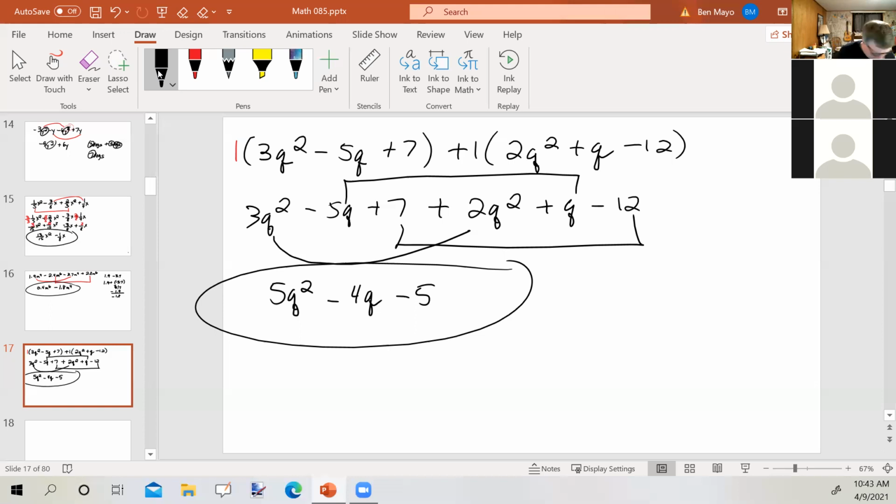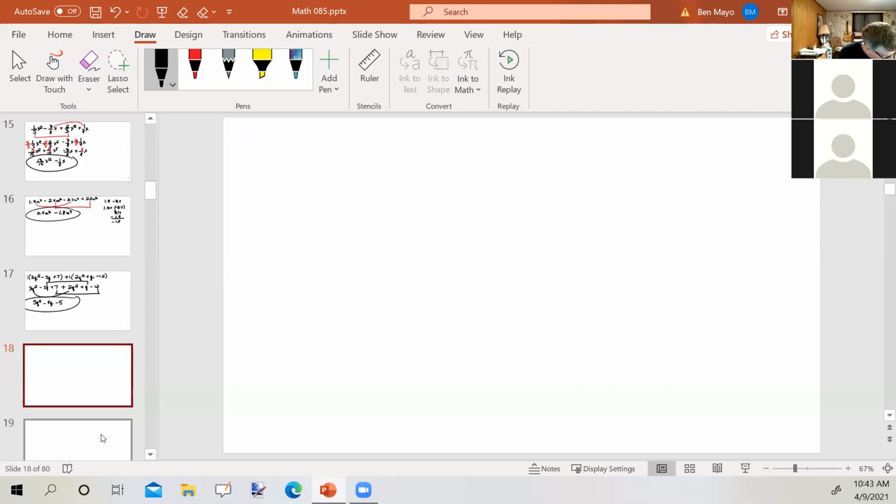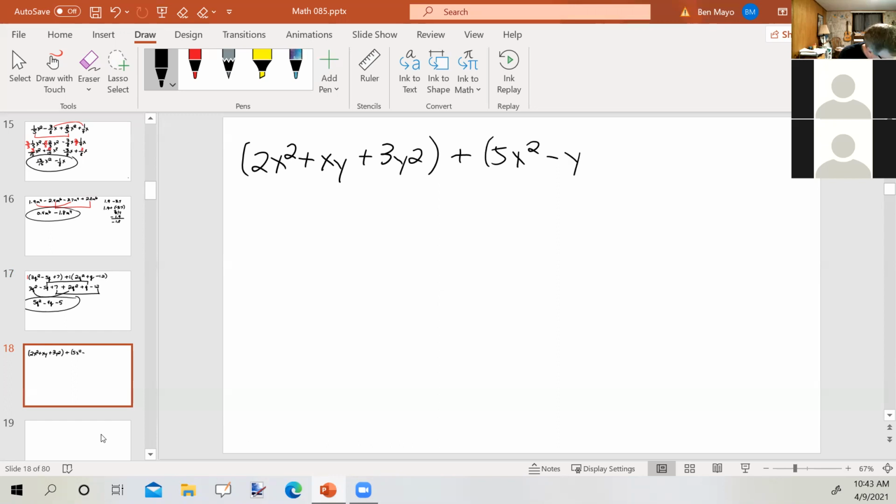Let's see here. Let's take this example. 2x squared plus xy plus 3y squared plus the quantity 5x squared minus y squared. So this is basically like the last example. There's nothing in front of the first set of parentheses.